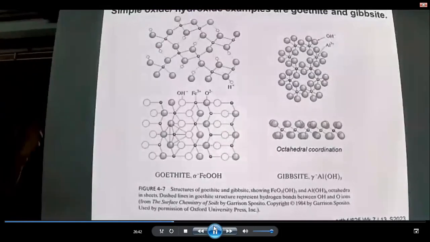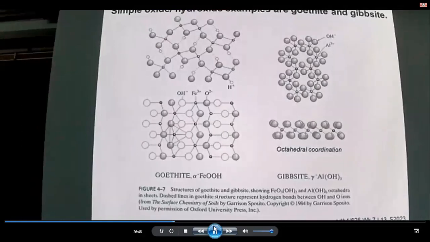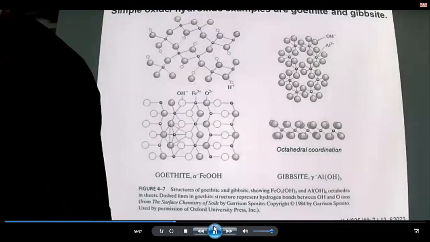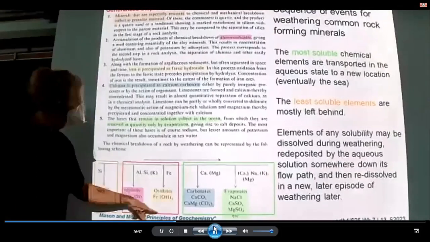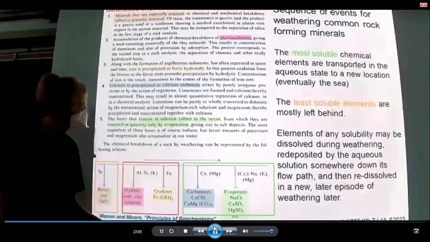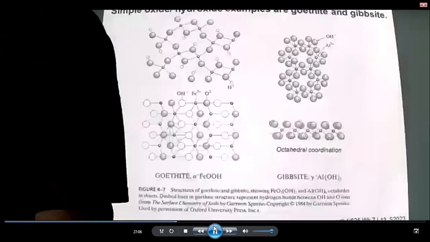So these are a couple of simple hydroxide or oxyhydroxide alteration minerals. On the left is goethite. It's a type of iron oxyhydroxide. You can see its chemical structure here. The important thing to realize about this is that it is one of these elements that is sparingly soluble, and it can precipitate from solution as an oxyhydroxide.